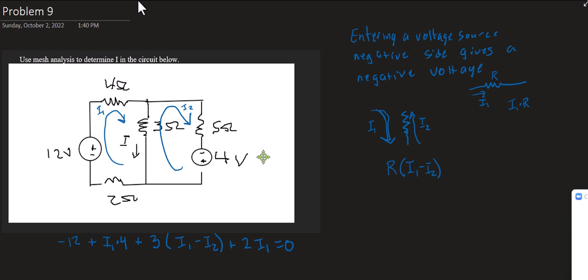And that's my equation for the first mesh there. So that's negative 12 plus 4I1 plus 3I1 minus 3I2 plus 2I1 equals 0.